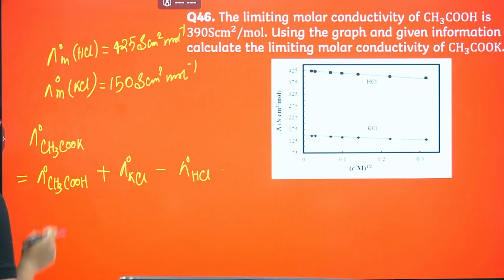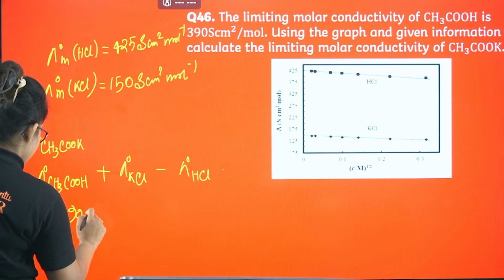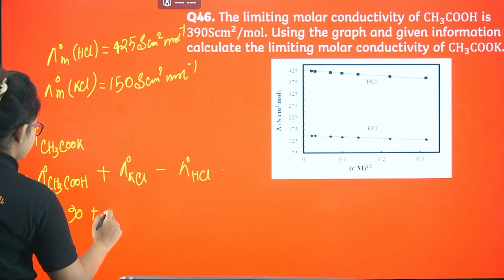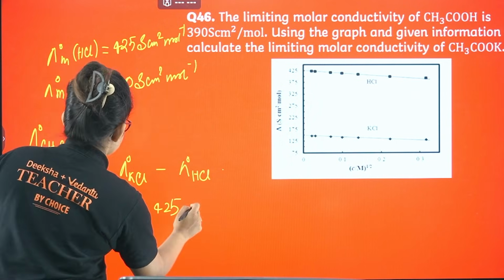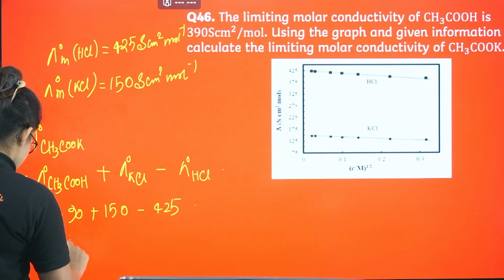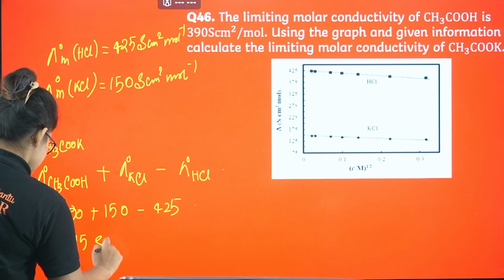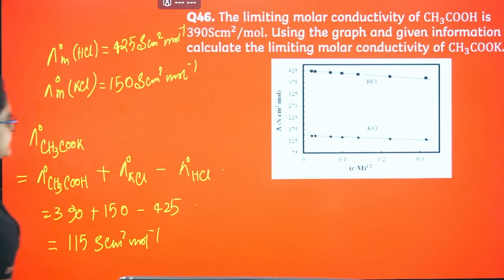So this is how we can represent this. Now we can just put the value over there. That is 390 plus KCl value is 150 minus 425. Okay, so your answer will be something like 115 Siemens centimeter square per mole. I guess this is clear to you.